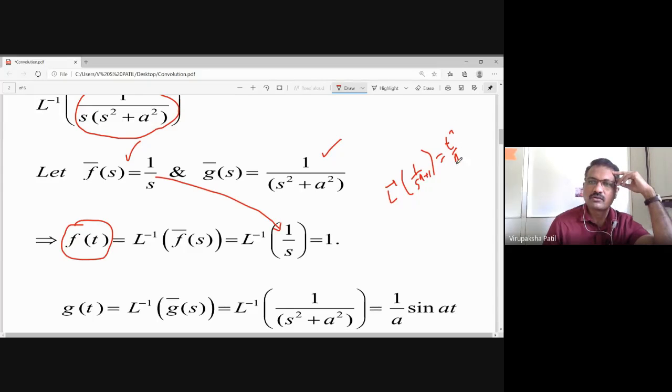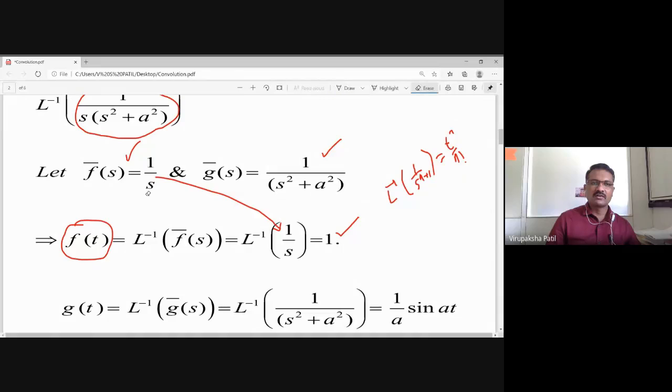Therefore, t raised to 0 divided by 0 factorial, and you know that 0 factorial value is 1, so t raised to 0 is 1. So L inverse of 1 by s is 1. If you remember this, well and good. Otherwise, if you remember the general formula, then directly you are going to get this value.